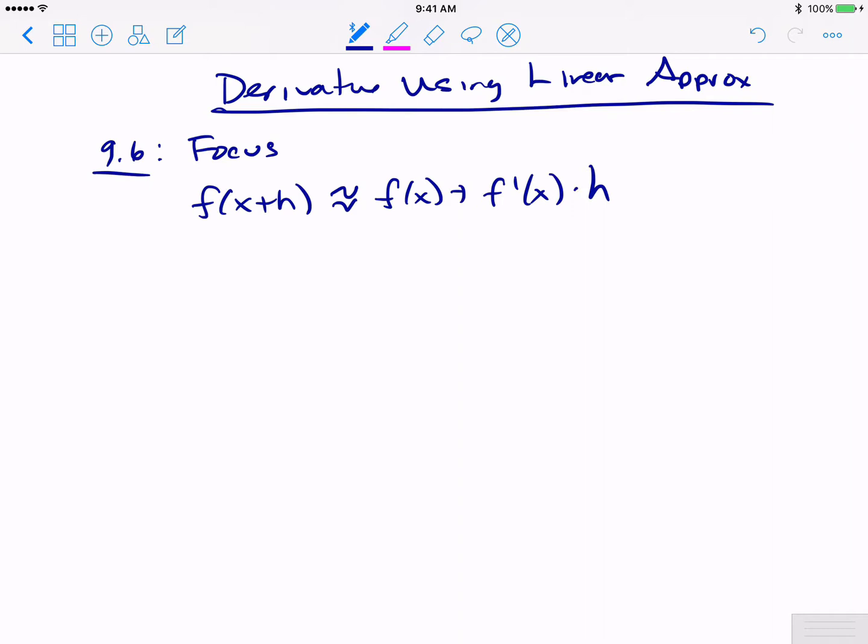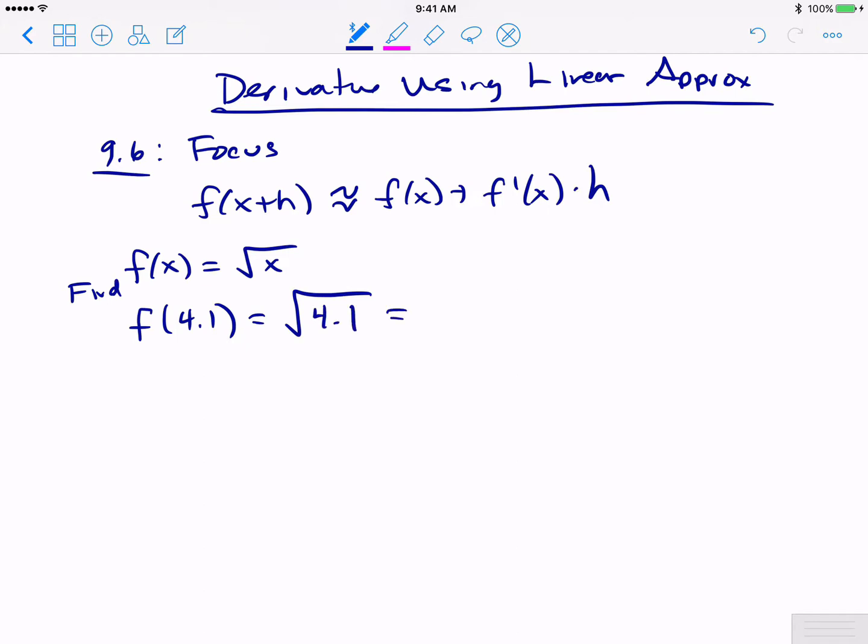Let's say your function f of x is the square root function, and you've been asked to find the function evaluated at 4.1, so that would be the square root of 4.1.